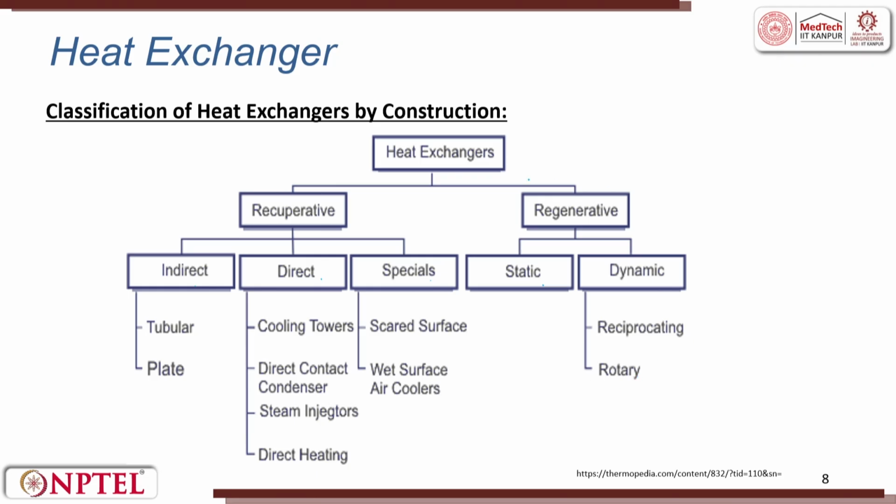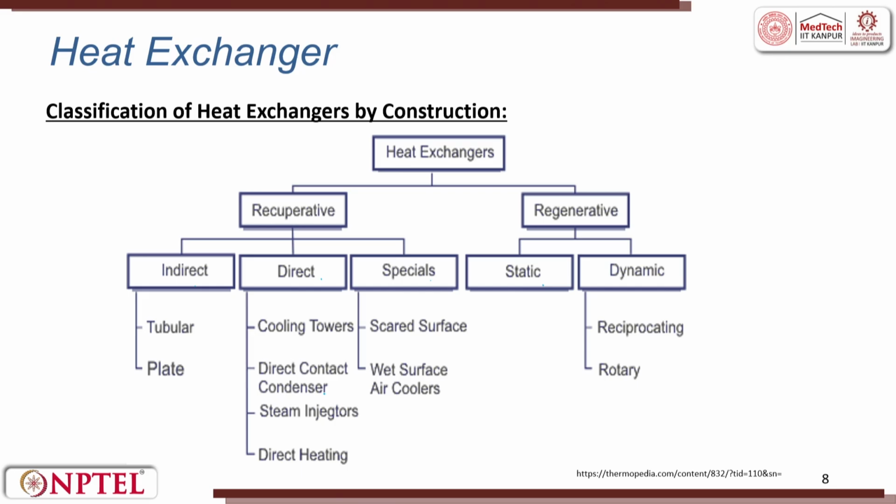The regenerative heat exchanger works on the principle of a piston or a pump. So, dynamic can be reciprocating or rotary. When we look at recuperative, indirect is tubular and plate, whereas in direct you will have cooling towers. Cooling towers, which you see just beside the mall where there is an HVAC system, you will have a cooling tower.